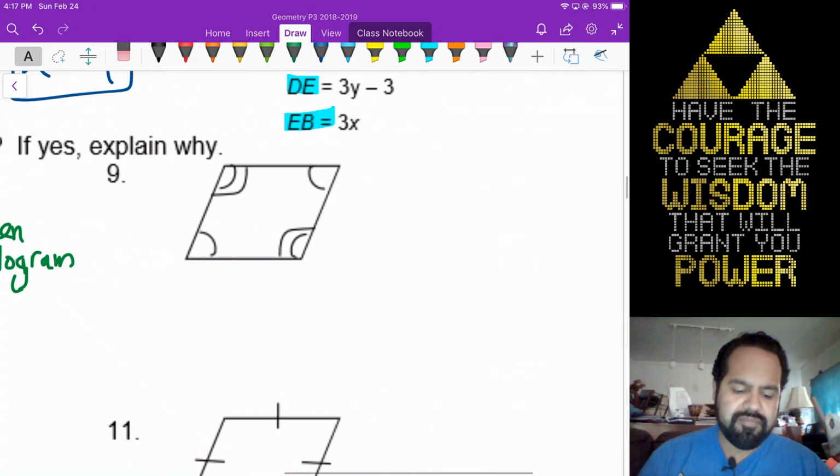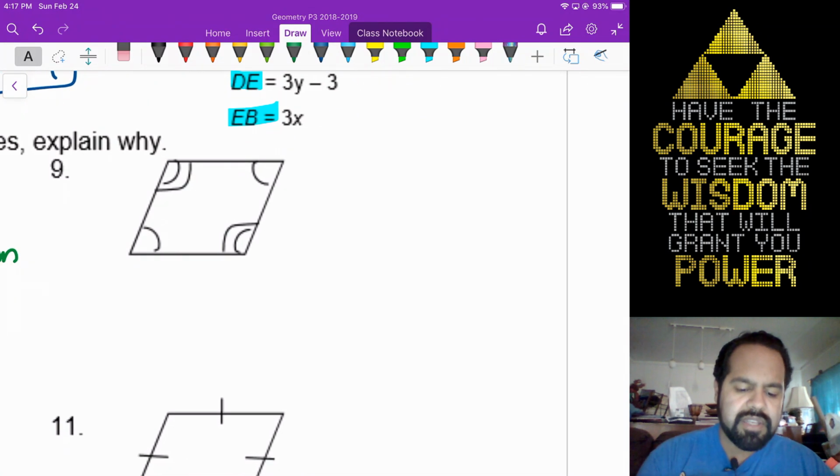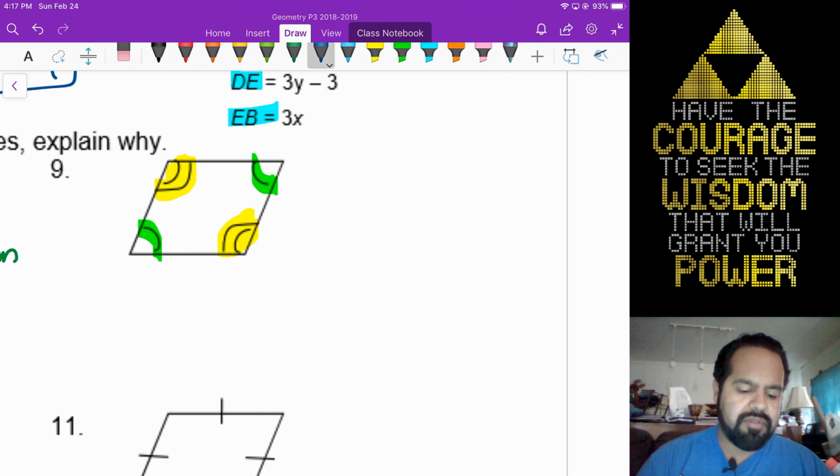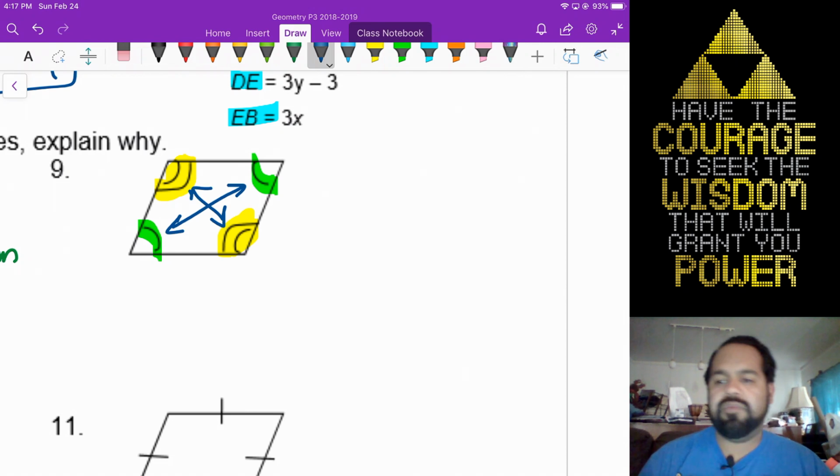Number 9. Looking at this, I see these markings match up with these. This marking matches up with this one. They are opposite each other. They are across from each other. And I believe that one is indeed one of our 5 different ways to show.